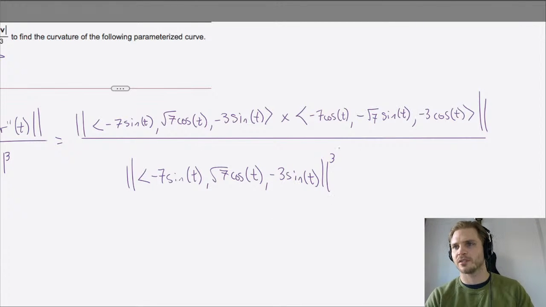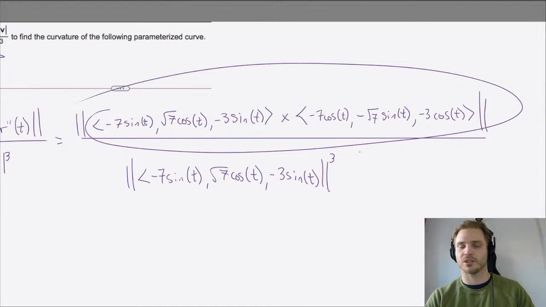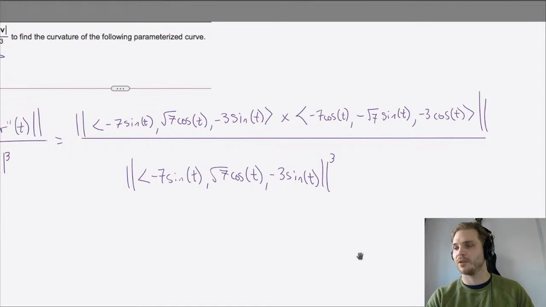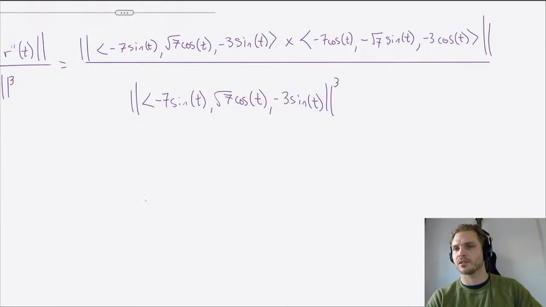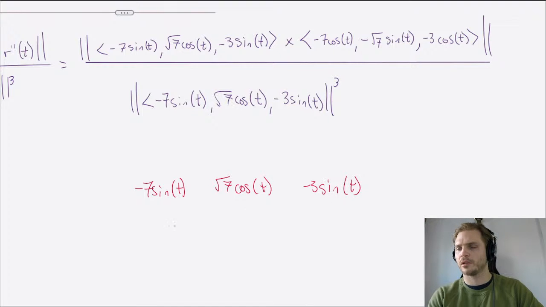And then, okay, let's deal with this cross product here. I'm going to change the color so you know this is an aside. I need to cross negative 7 sine of t, root 7 cosine of t, and negative 3 sine of t with negative 7 cosine of t, negative root 7 sine of t, and negative 3 cosine of t.